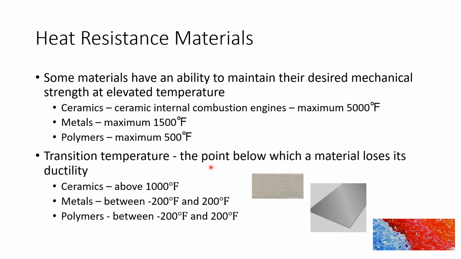But below this point, these are just points that we're giving to these materials, ceramics, metals, and then polymers, and they each have their own point. Below that, they cannot prevent themselves from brittle failure.